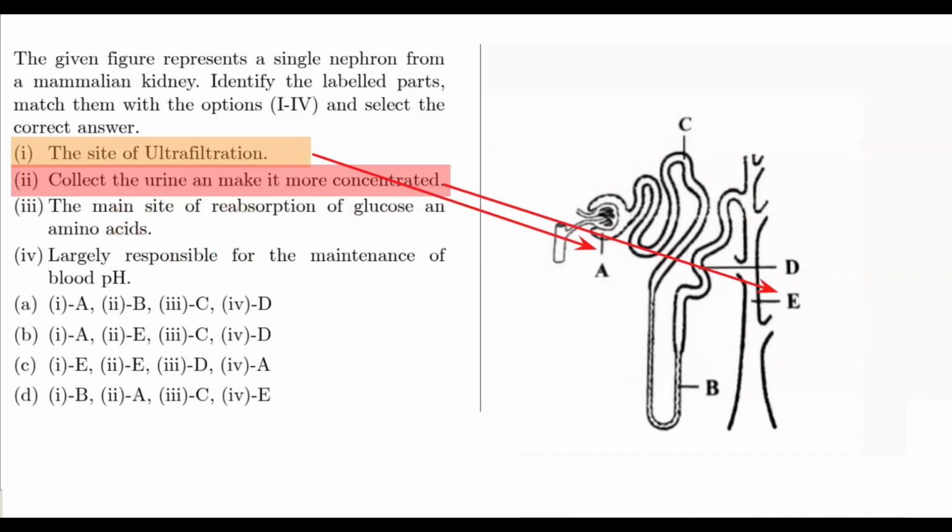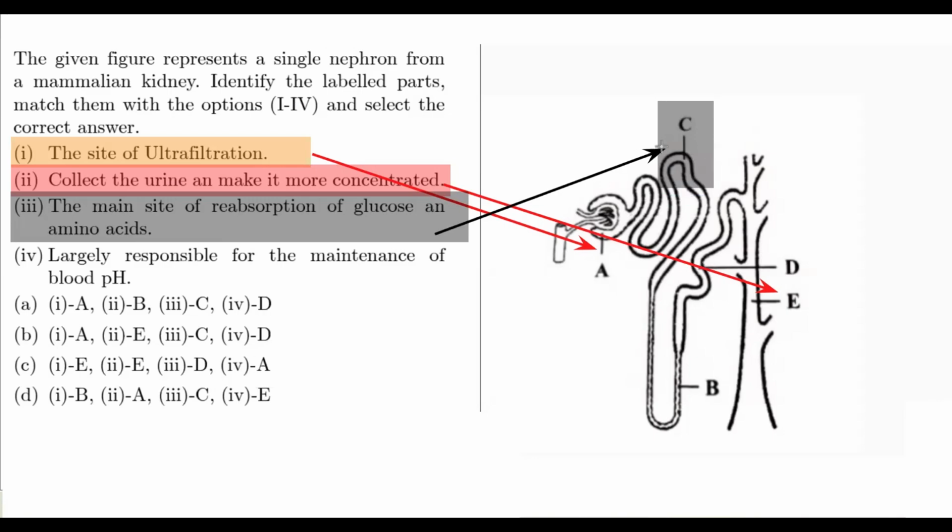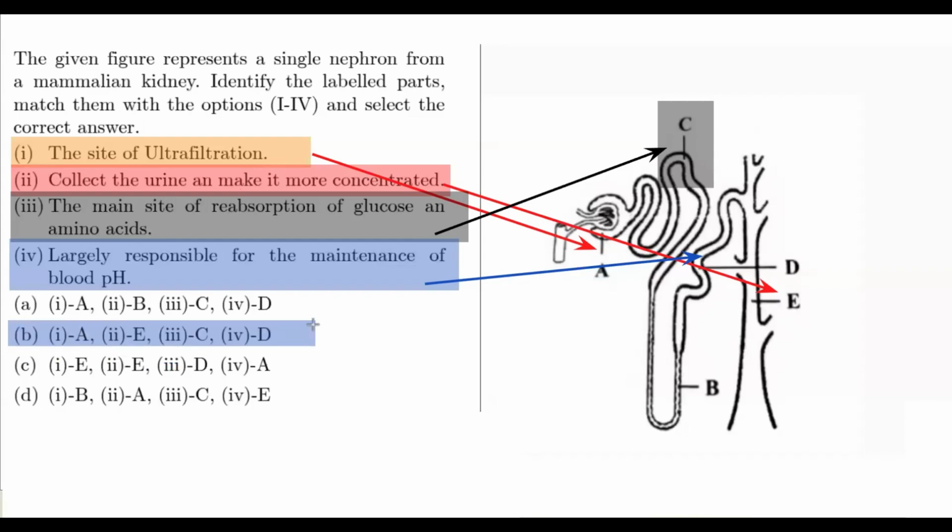You know that the useful substances, not only glucose but also amino acids and some salts, are reabsorbed at the tubular part of the nephron. And lastly, we are left with what? Next is responsible for maintenance of pH. Now we are left with D, that is this. So therefore we can see that B is the correct option in this case. We'll go for B in this case.